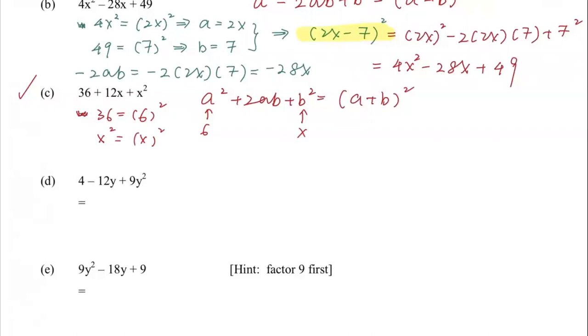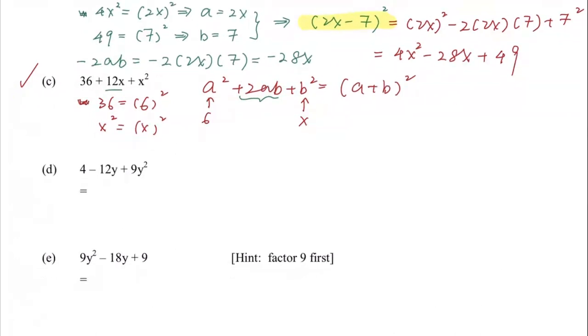So now we need to determine whether 2ab is equal to 12x. If it is, then we can say that this expression is of the form a squared plus 2ab plus b squared. If it's not equal, then we cannot factor this, right? So 2ab, we know that a is equal to 6, b is equal to x. So 2ab is equal to 2 times 6 times x, which is 12x.